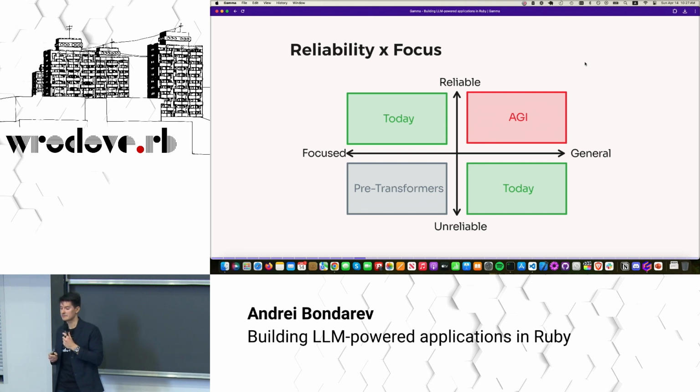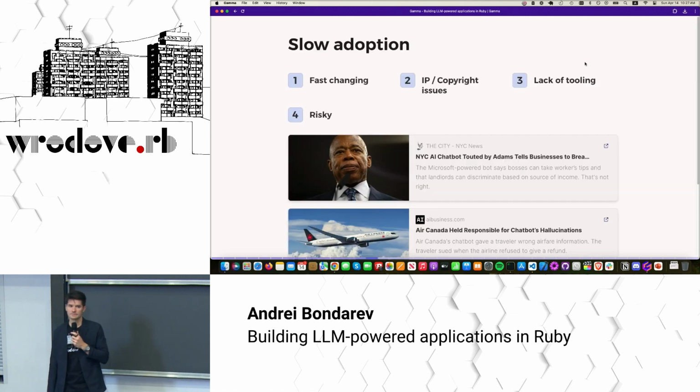And basically, I think this is at least POC ready, the upper left quadrant and the bottom right. And if you get a general purpose reliable agent, well, that's AGI.